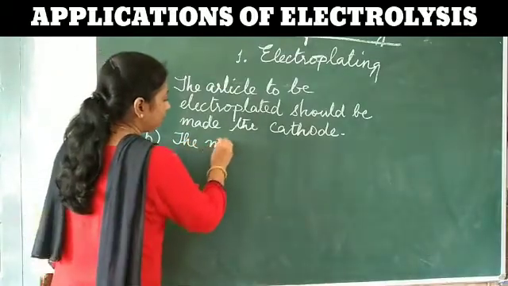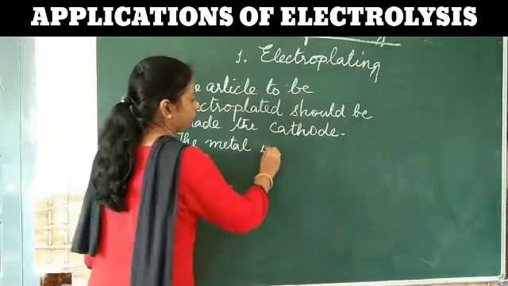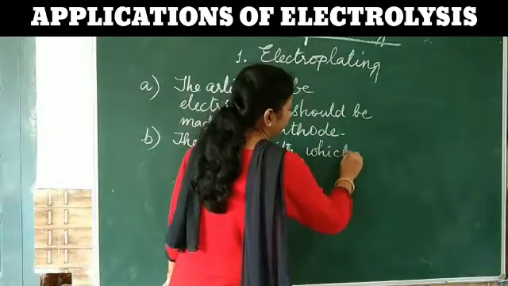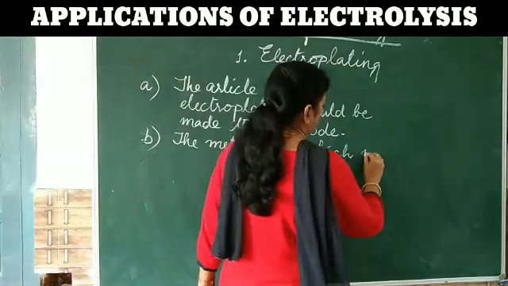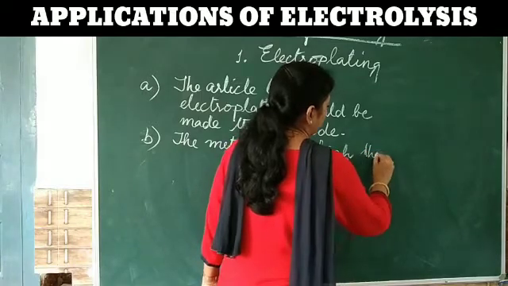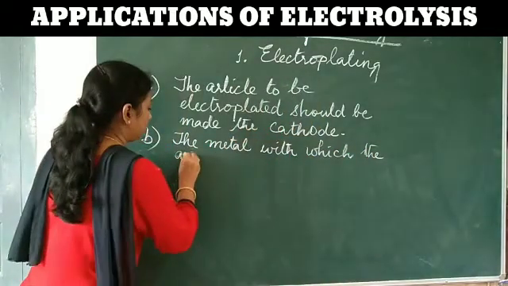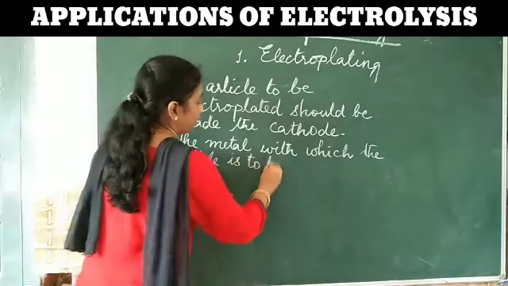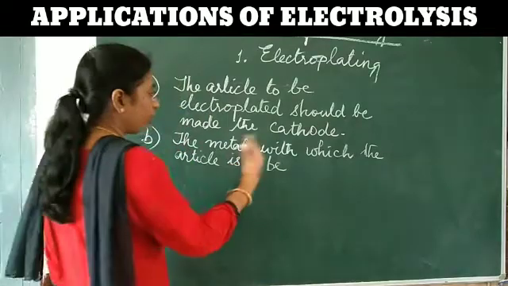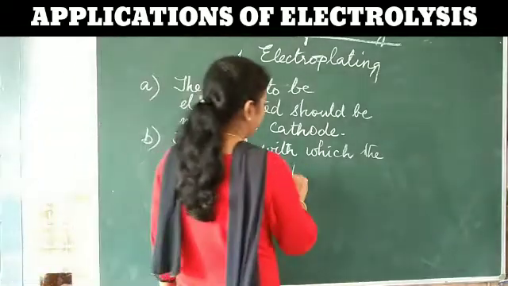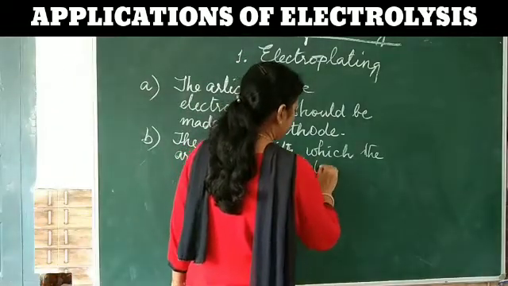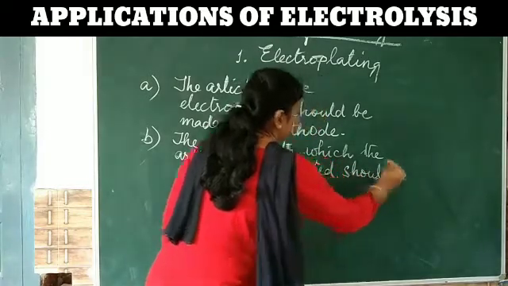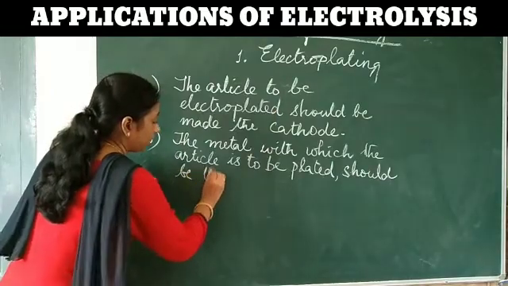Second, the metal with which the article is to be plated, electroplated, should be the anode.